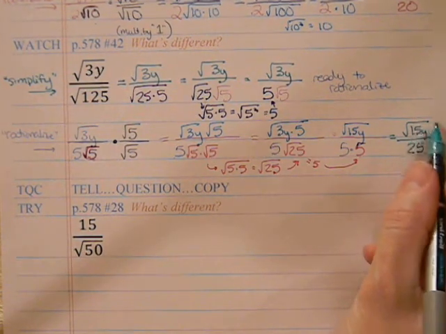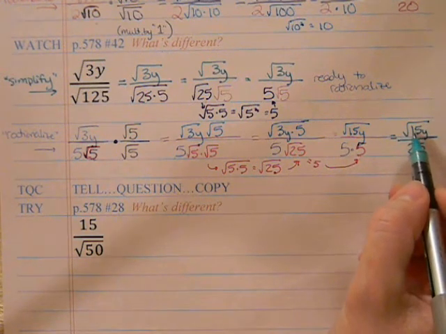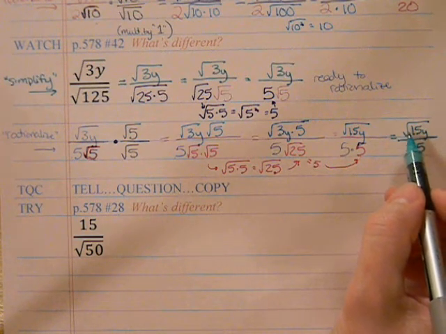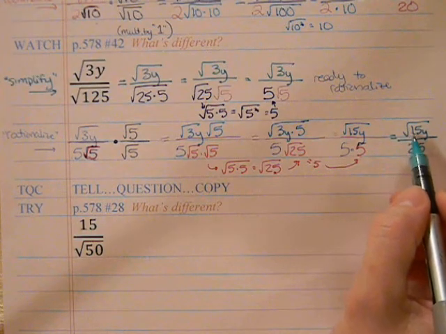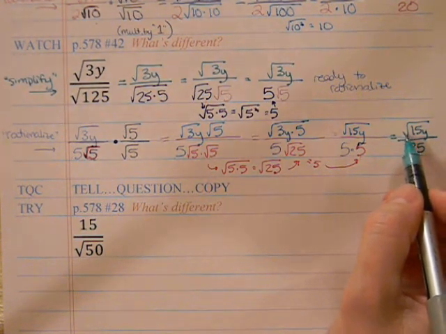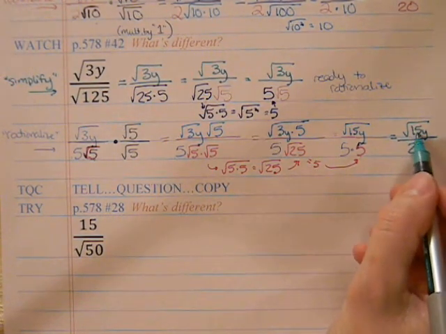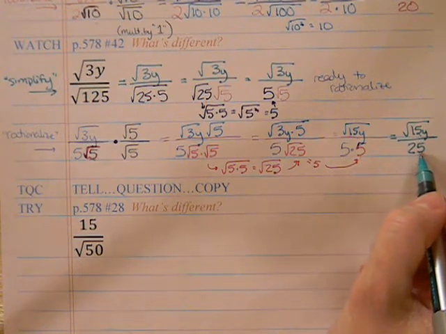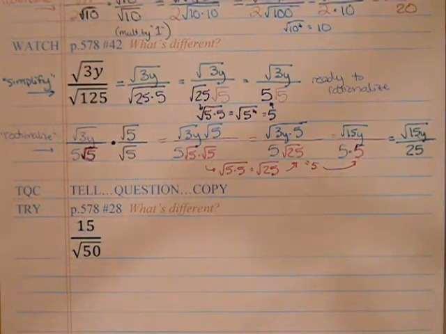Radical 15 is not 15. It is a different number. It's slightly less than 4, probably like 3.8 or 3.9, but the decimal does not end. It goes on and on forever. So it's not divisible by 5, and so there's nothing to cancel here. So that's done as is.